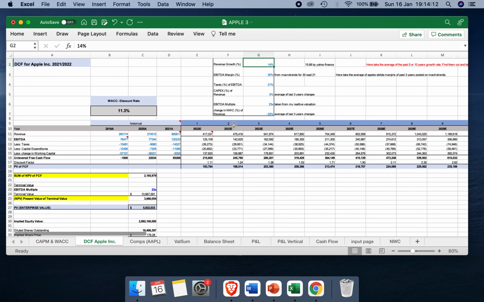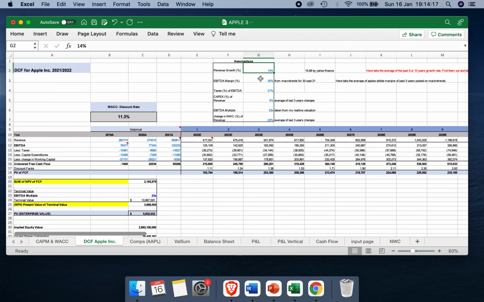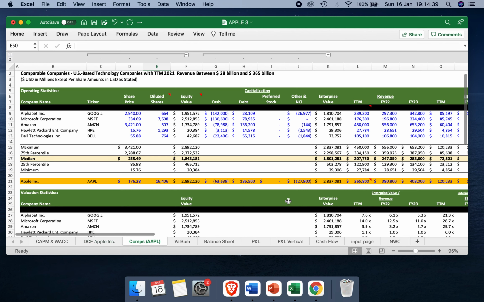Okay, so then the next thing, the EBITDA margin assumption. I've taken 30%. This is actually based on macro trends. It was a similar number, not exactly the same. The same thing, you can take the average of the EBITDA margins. I've taken the past 3 years' average, and also in my comparable companies analysis, which I've got here, I can show that.